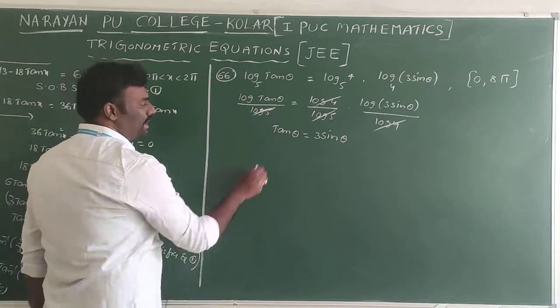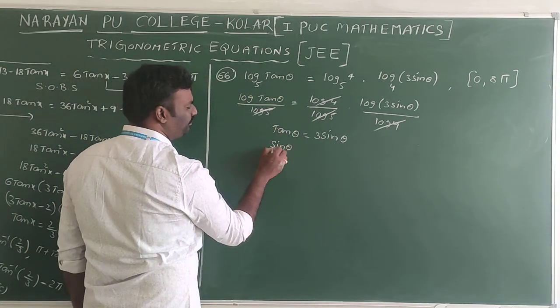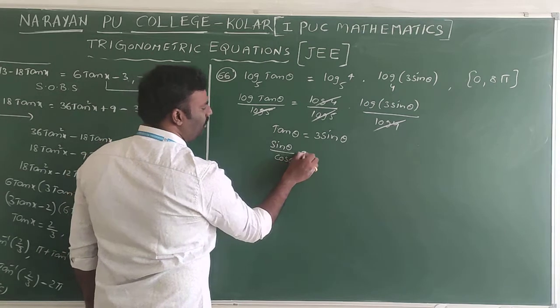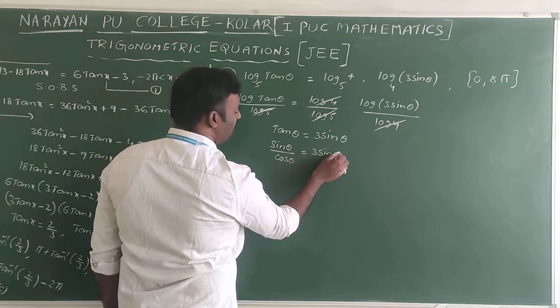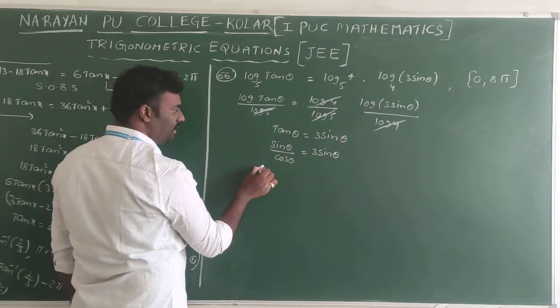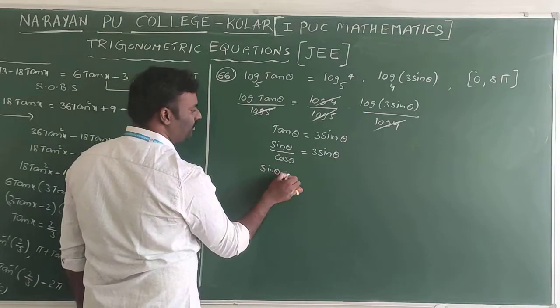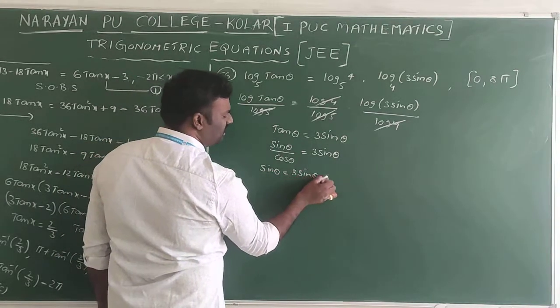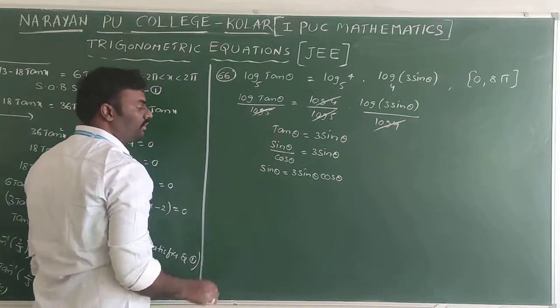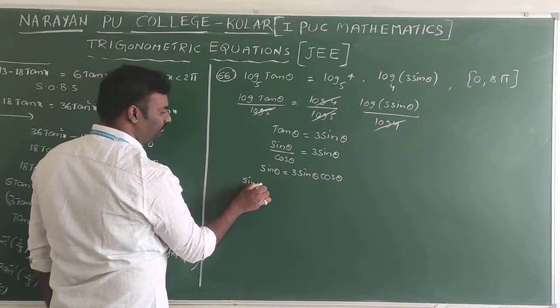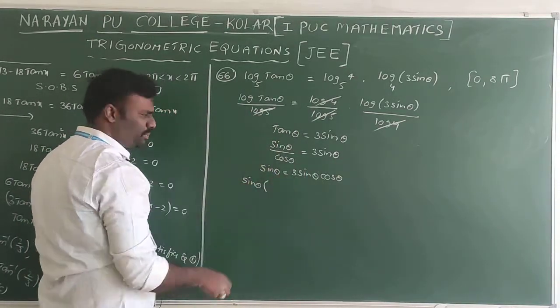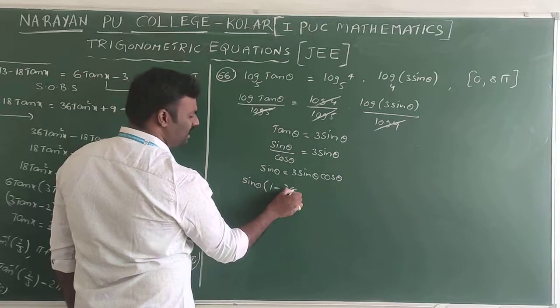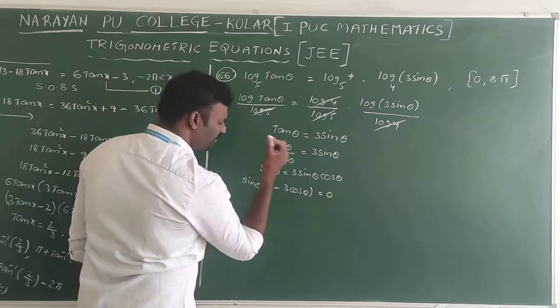Now this can be written as sin by cos, that equals 3 sin theta. Now here sin theta equals 3 sin theta cos theta. Sin theta common, or you can cancel also, no problem. 1 minus 3 cos theta equals to 0.